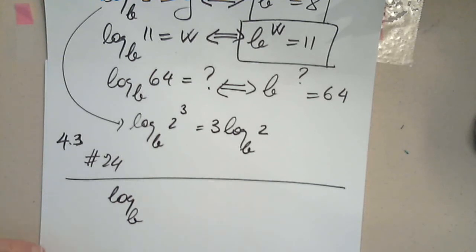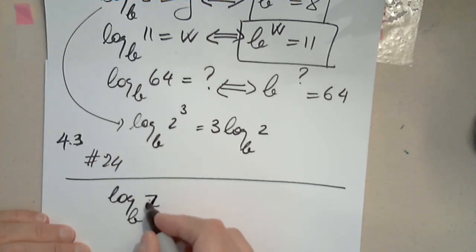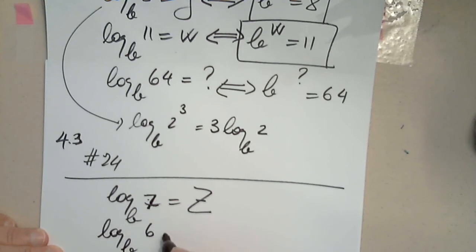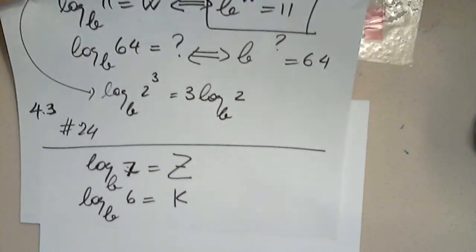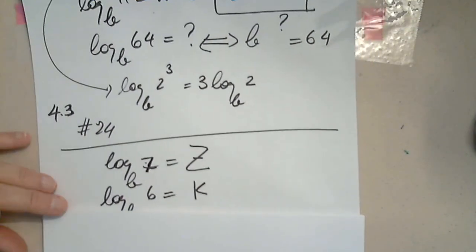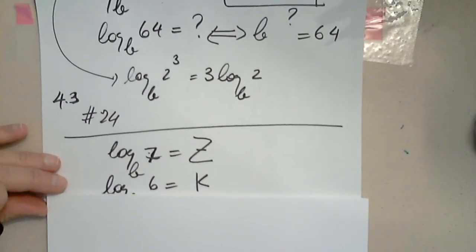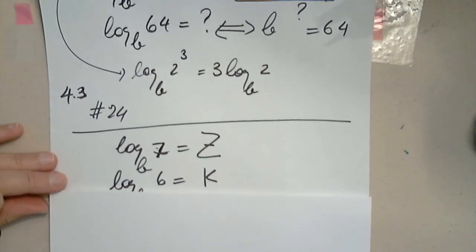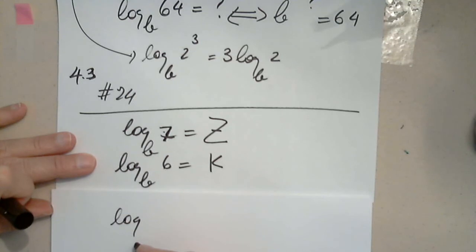So log base b of 7 is uppercase Z, fine. Log base b of 6 is k. Write the expression in terms of Z and k, and this is log base b of 36.